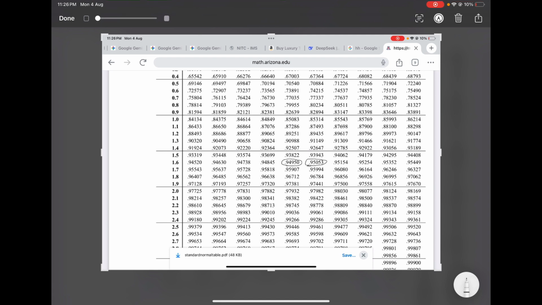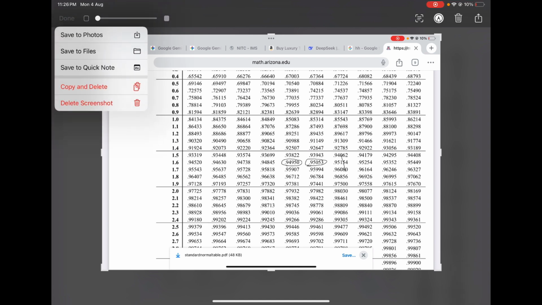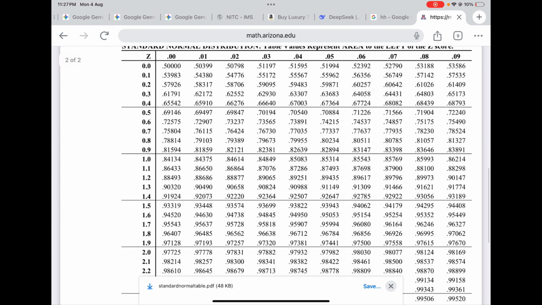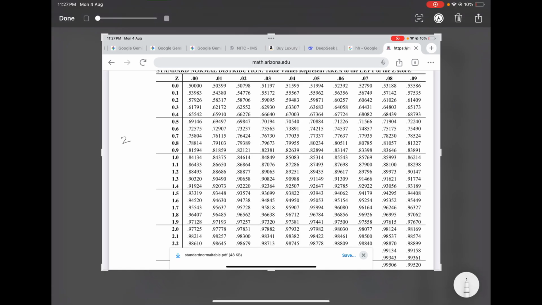So it will be 1.6, it will be 1.645. Let us take it as 1.645. So this is the Z value.